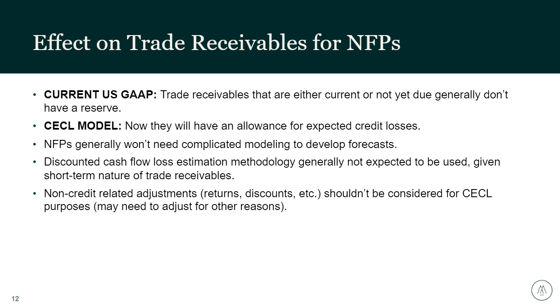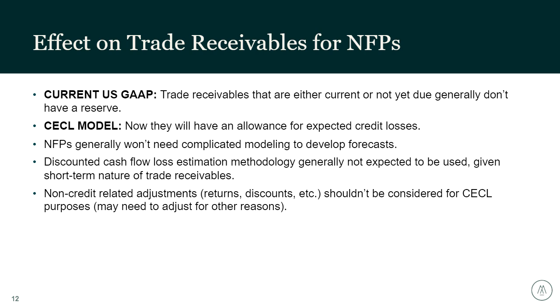But generally, nonprofits will need complicated modeling to develop forecasts. The discounted cash flow loss estimation methodology is generally not expected to be used, given the short-term nature of those trade receivables. And non-credit related adjustments like returns and discounts shouldn't be considered for CECL purposes.